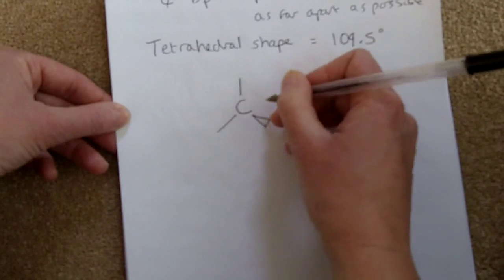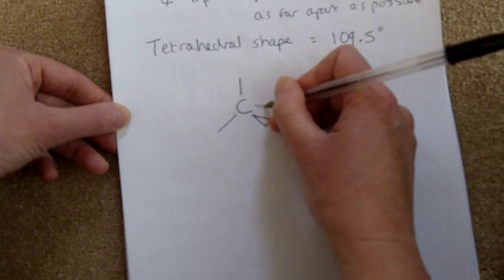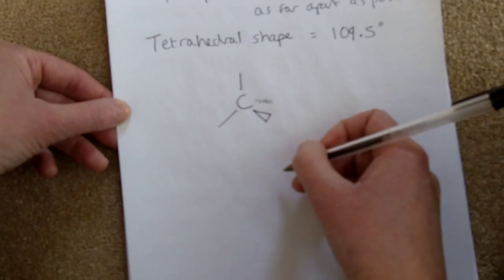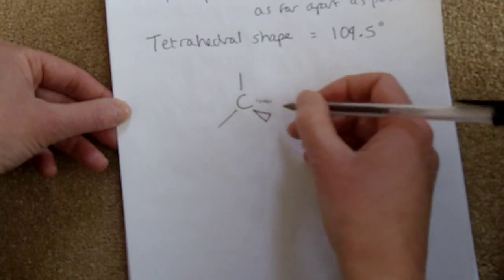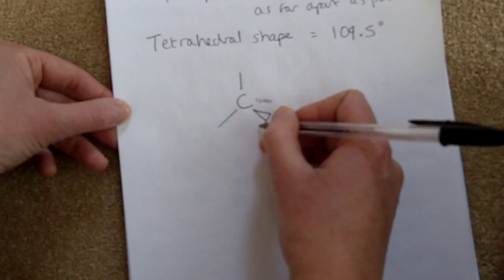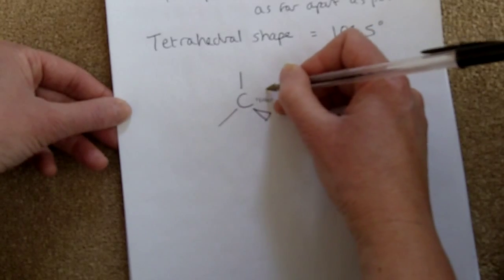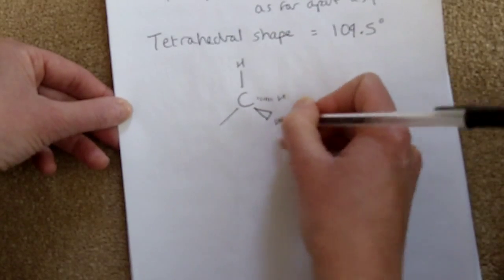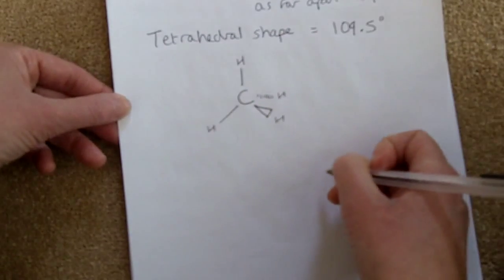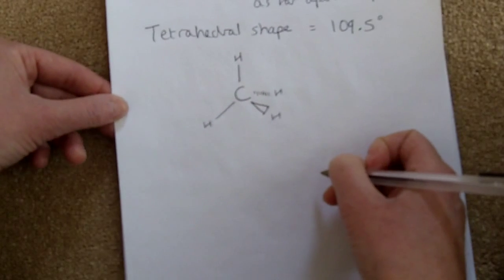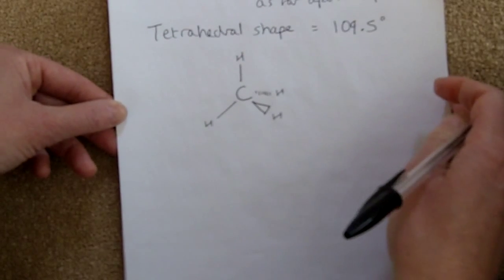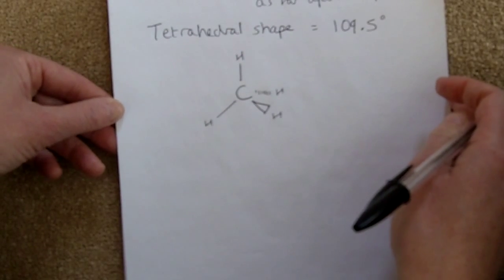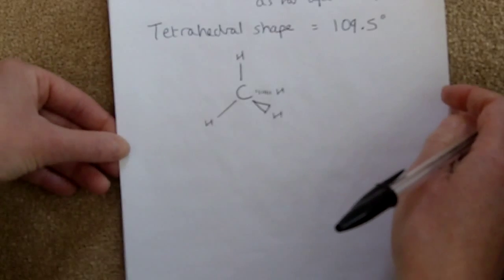And then you have a dash, which means going back into the paper. So a wedge is sticking out and the dash is going back into the paper, and that is your shape, and it has a bond angle of 109.5 degrees. And you need to see the actual 3D model, which is something we'll be doing in the lesson.